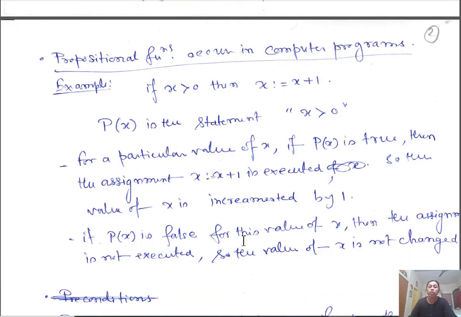If P(x) is false, the value of x is not changed; this assignment is not executed. If P(x) is true, then the assignment x equals x plus 1 is executed, and x is incremented by 1. So this is the predicate: if this, then this. This is the propositional function.